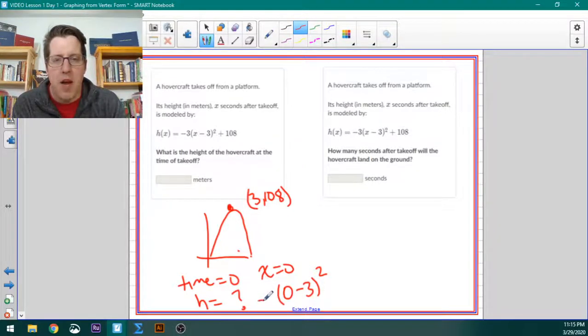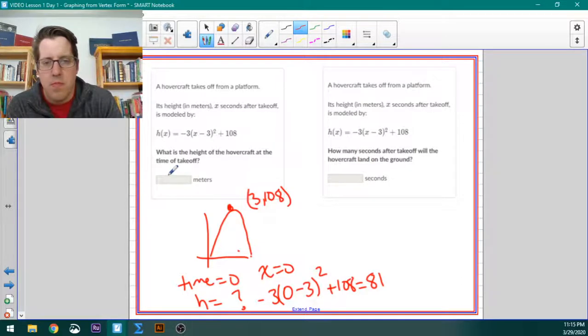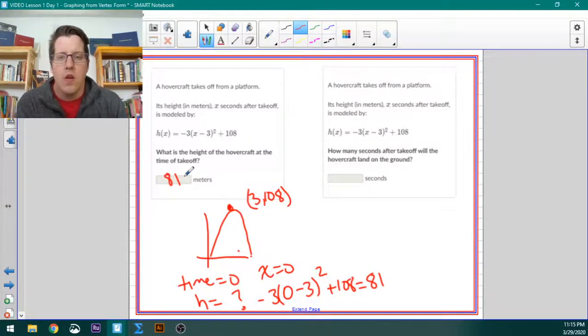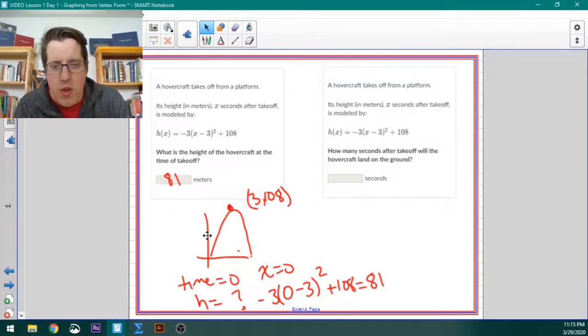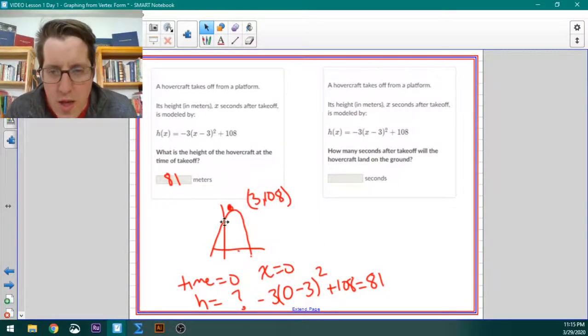We multiply by negative 3 and we get negative 27. And we add 108, and that gives us 81. So what this picture should really look like is it should really look like this. Like the hovercraft started somewhere and then went up in the air and then fell back down.